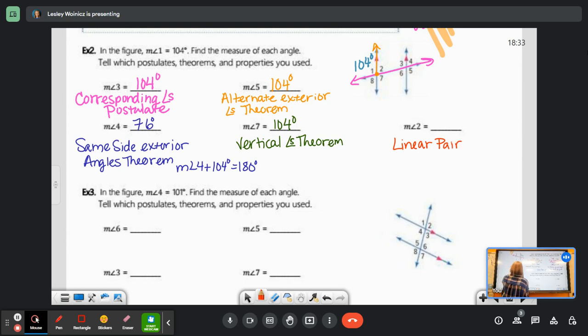Okay, we know linear pairs are supplementary. We also know the definition of supplementary.